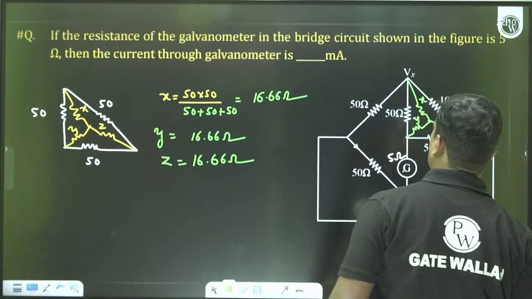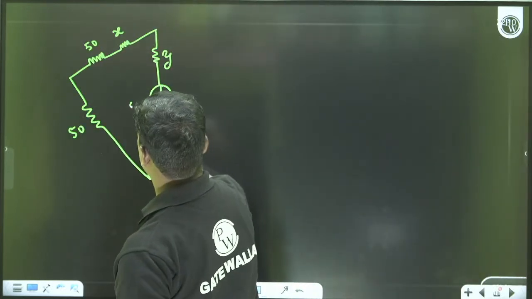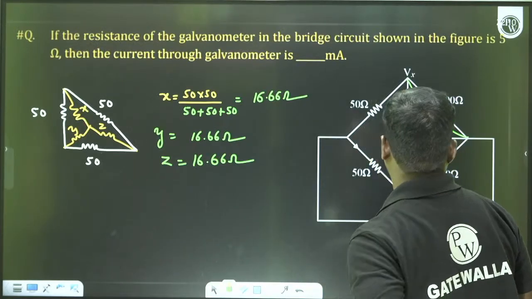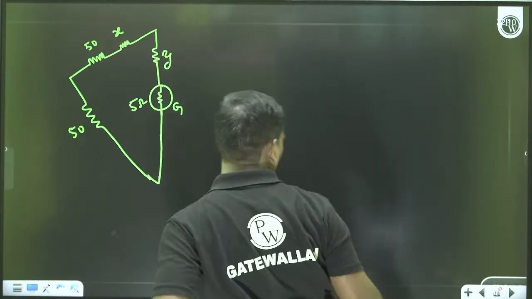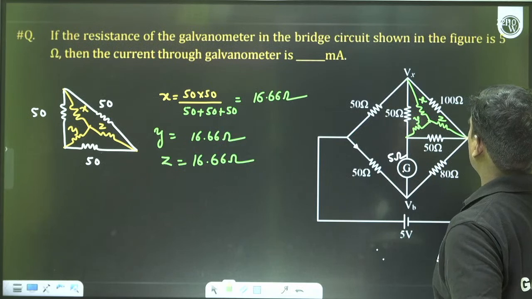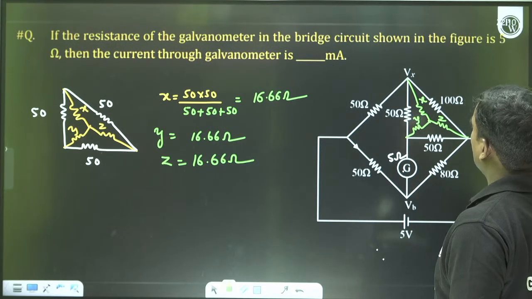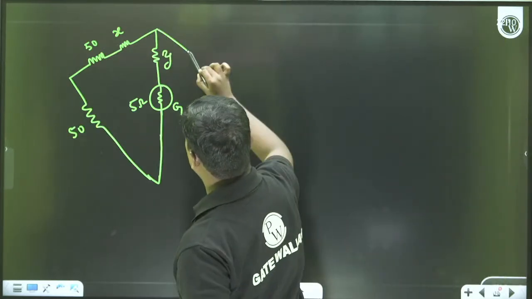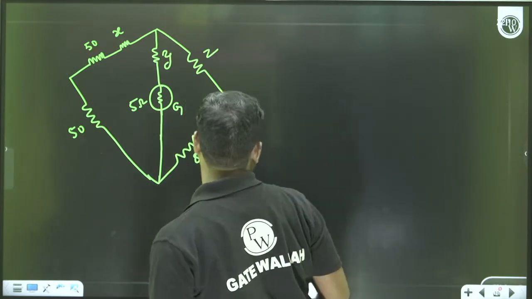What is this resistance? 50. This is 50. This is 5 ohms. And what is Y? Y is 16.66. That's fine. This is our Z and this is 80.